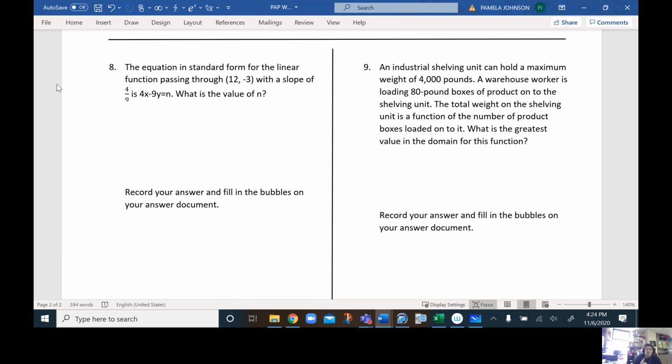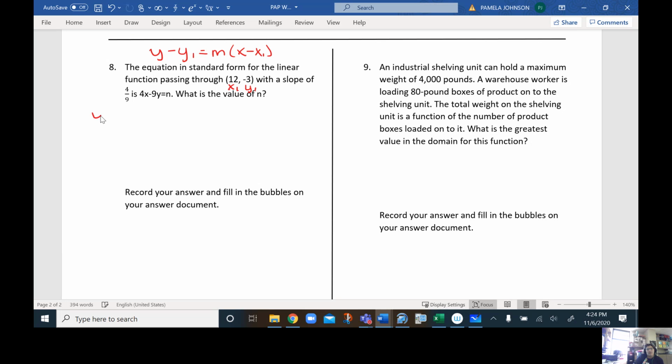Okay, so here's where we're going to start on that. Again, we're using our point slope form. y minus y1 equals m times x minus x1. Okay, and x1, y1.